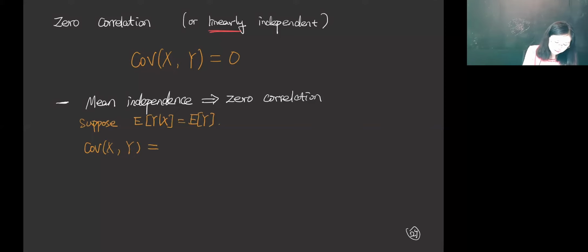Let's start with the definition of covariance. That's the definition of the covariance. And now use the law of iterated expectation to turn this outer expectation into two iterated expectations.